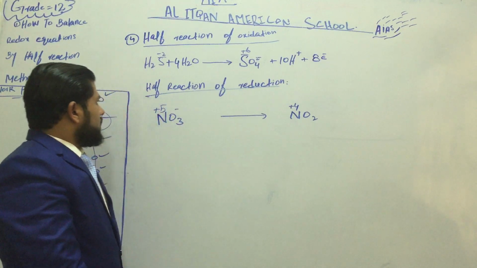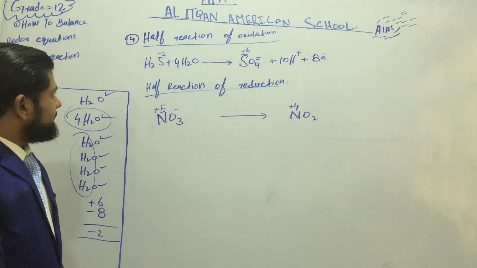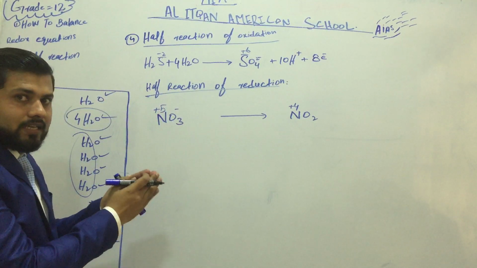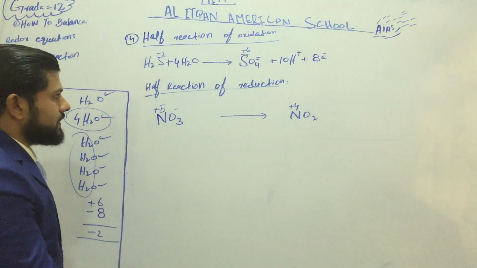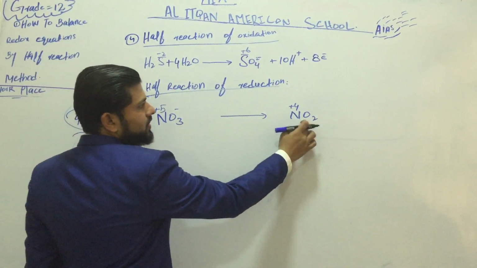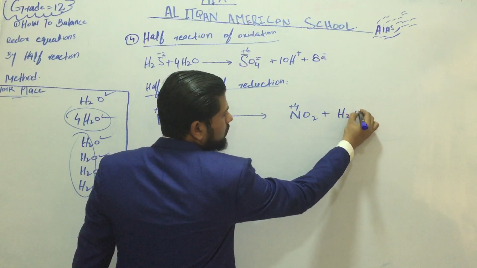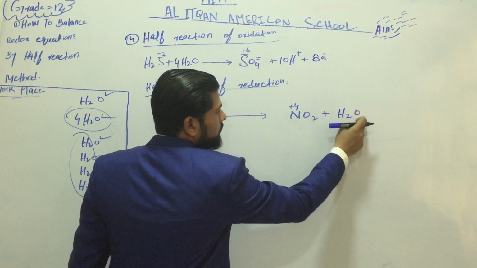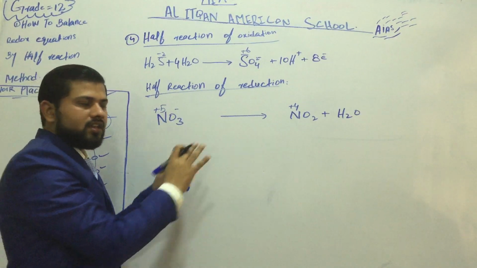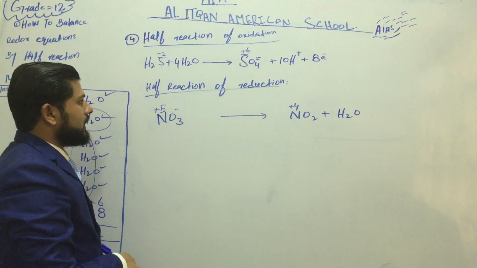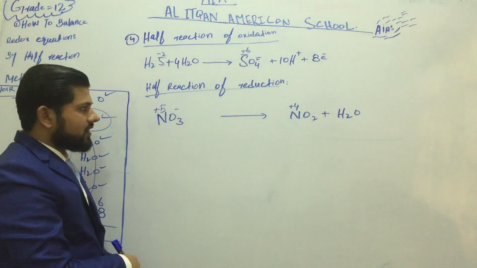Now, as you can see here, first you have to balance their atoms, as I told you in the last step. Oxygen is 3, oxygen is 2. So how many moles of water will I add? 1, because I need only 1 more oxygen. 2 oxygen and 1 oxygen. Now we have 3 oxygen on both sides. And nitrogens are also balanced.